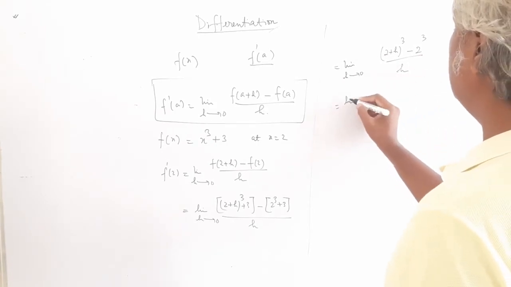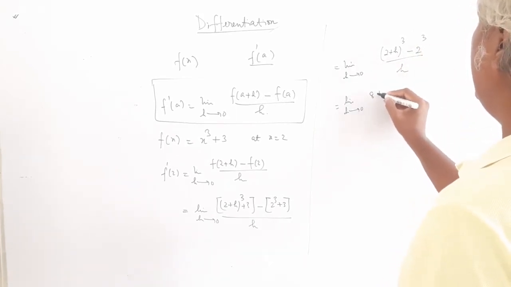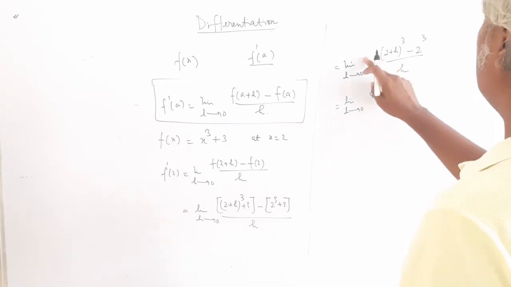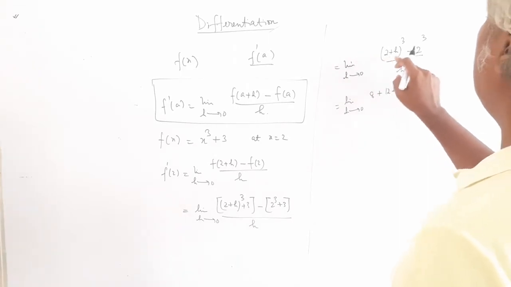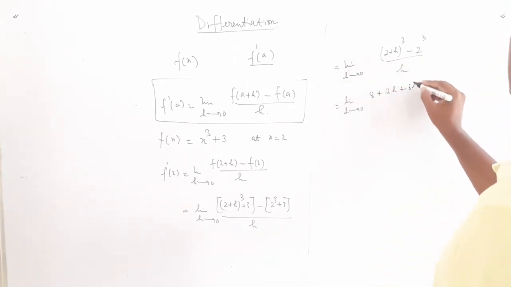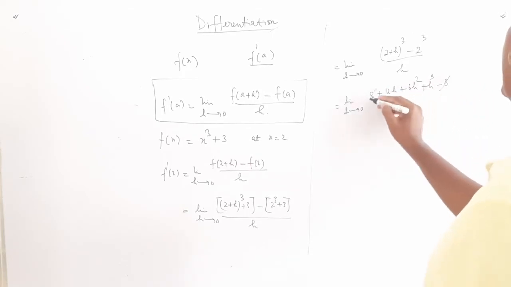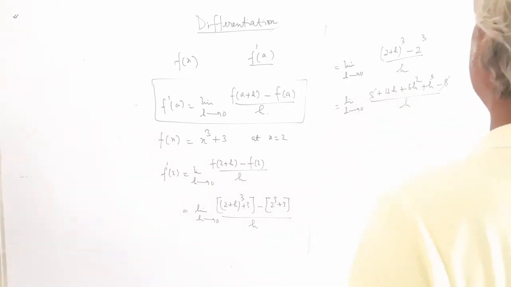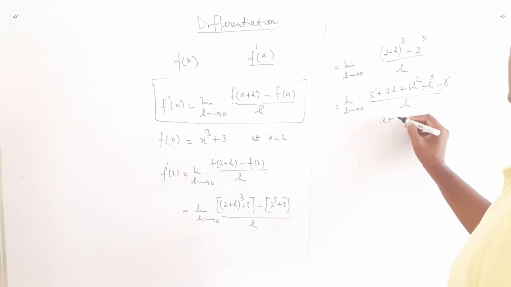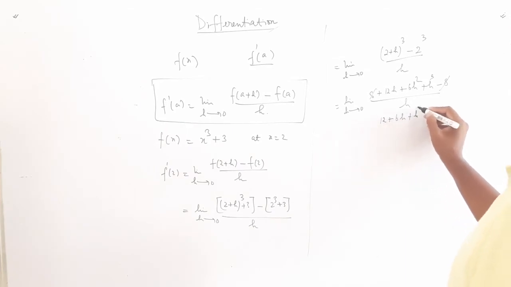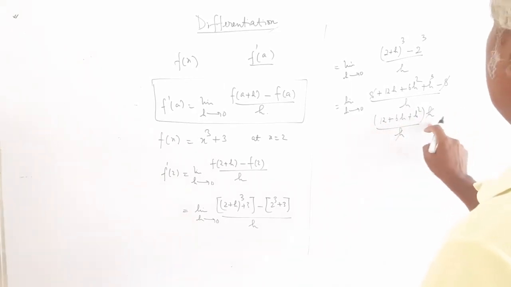Expanding (a plus b) whole cube, we get 8 plus 3 into a square b, so 3 into 2 square h is 12h, plus 3ab square, so 6h square, plus h cube, minus 8. The 8s cancel, and each term has one h. I can take h common, giving 12 plus 6h plus h square, all over h. The common h cancels with the h in the denominator.